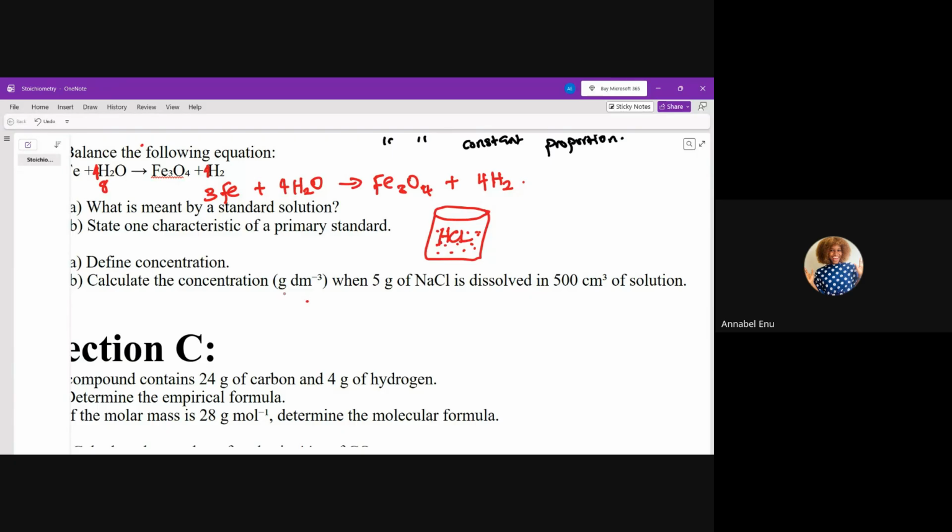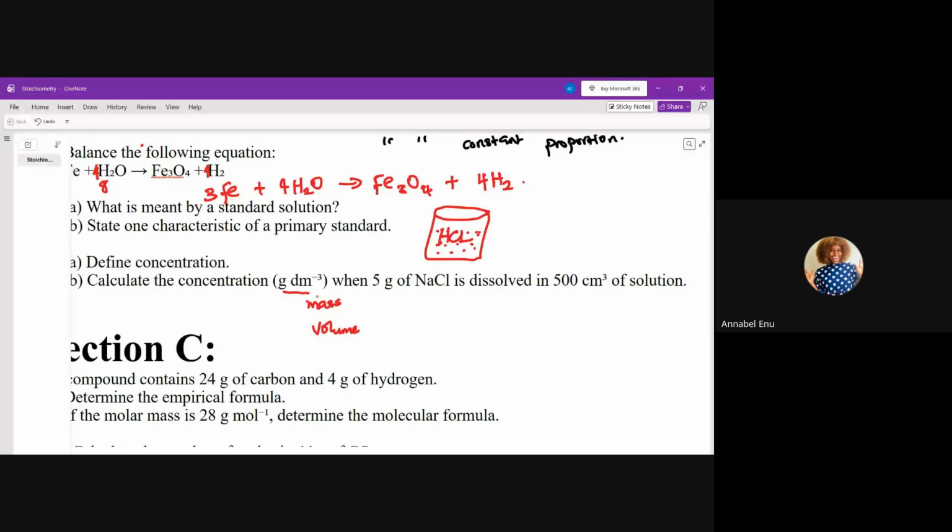Now, one thing we should notice is that concentration is in gram per dm cube. This alone can tell you what the formula for concentration is. Gram there is the unit for mass, and dm cube is the unit for volume.